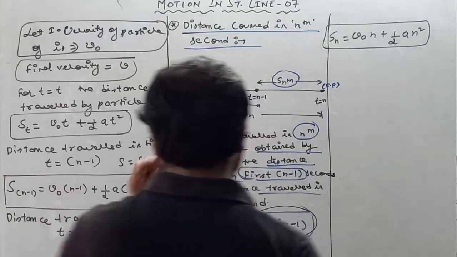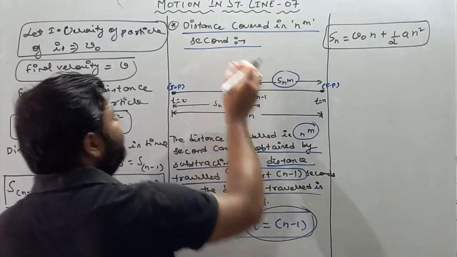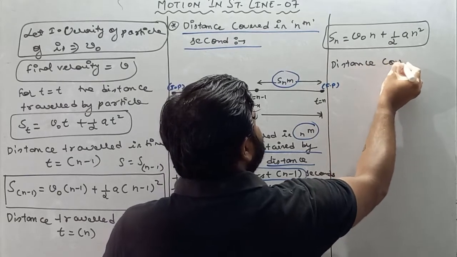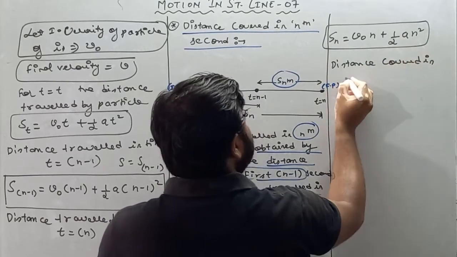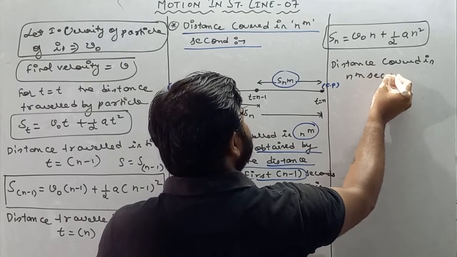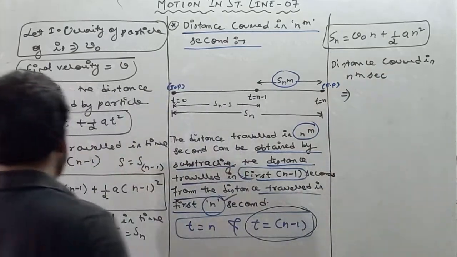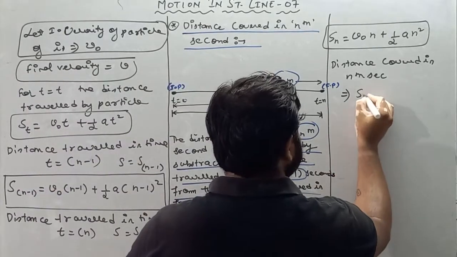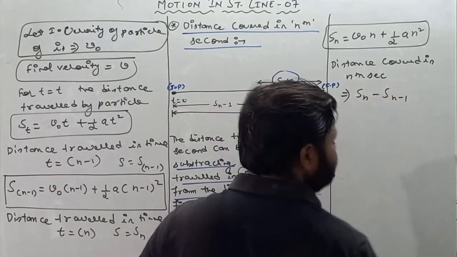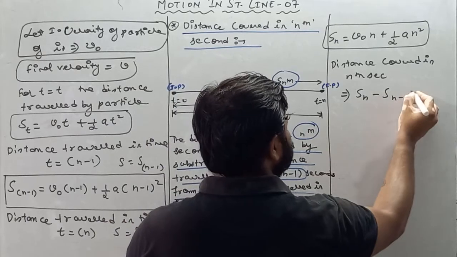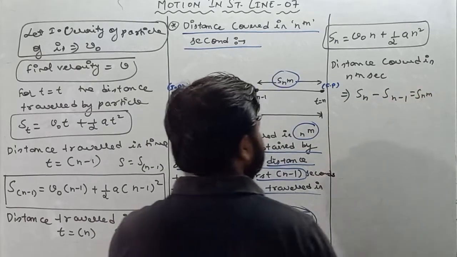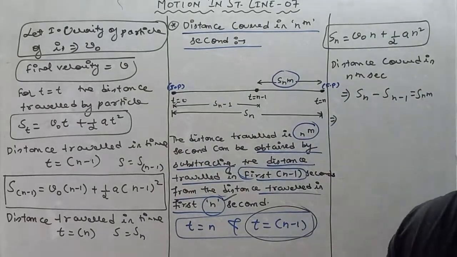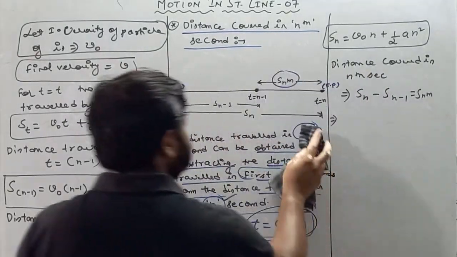Now they are saying that if you wish to find the distance covered in the nth second, you have to subtract this distance minus this distance. So you'll get Sn minus S n minus 1. So you'll get the distance traveled in the nth second. I'll rub it first because we need more space.